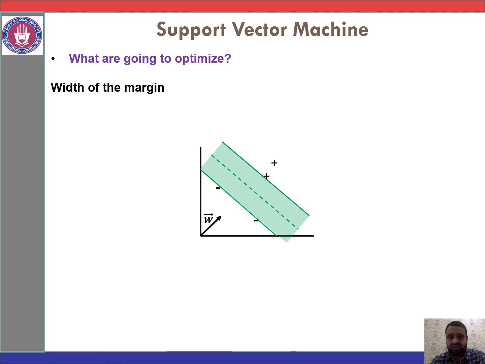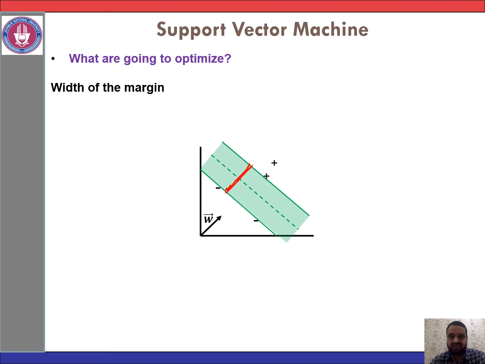But till now we don't know how we can form this optimal stream which provides maximum separation between the positive and the negative classes. So now how can we optimize this stream?